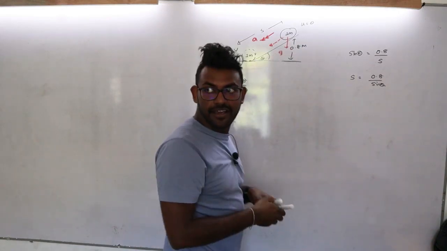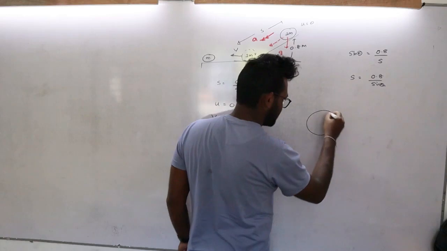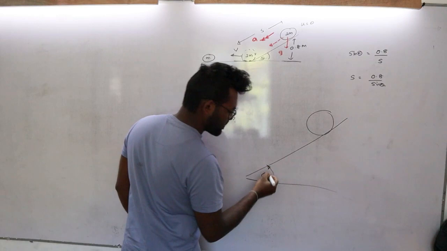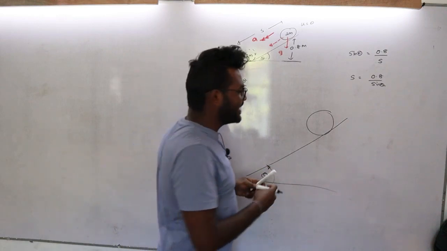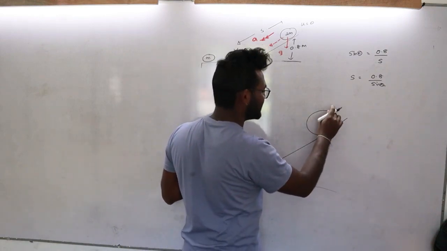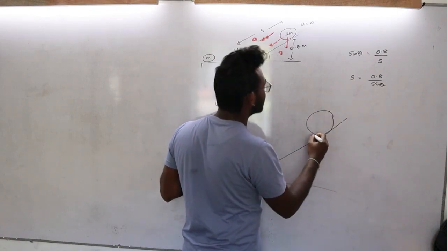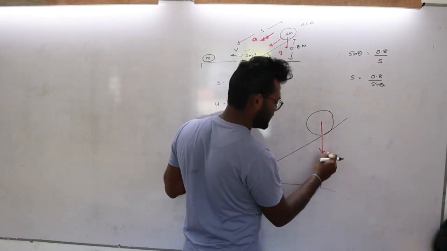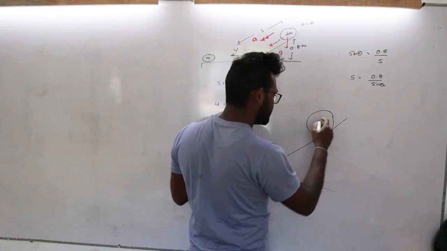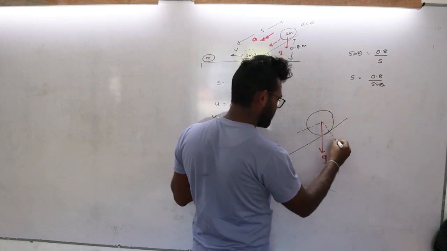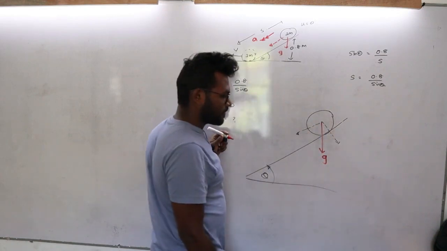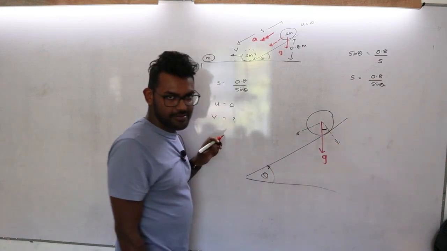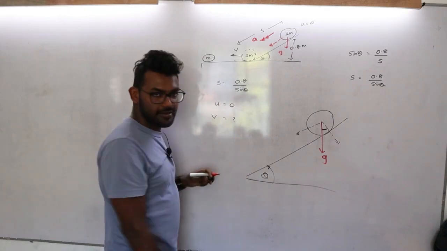How do you find it? Well, I'm going with the hard way. There's an easy method to do this, but I'm just going with the hard way. So you get this to be the g, and we're supposed to find this one. Can you guys tell me what's the angle here if this is theta?